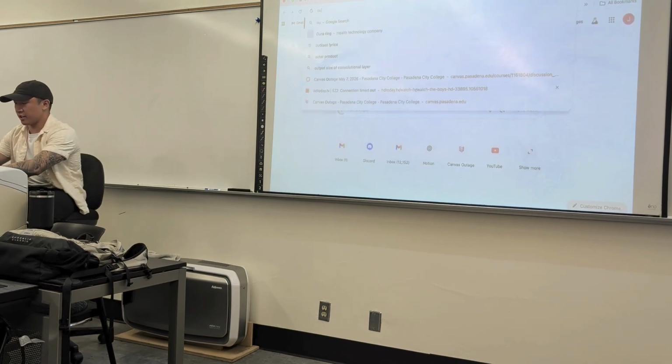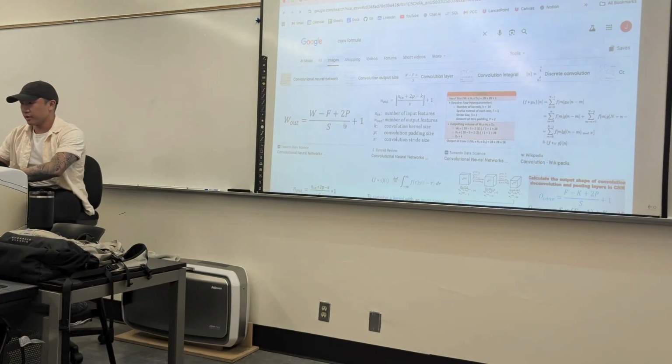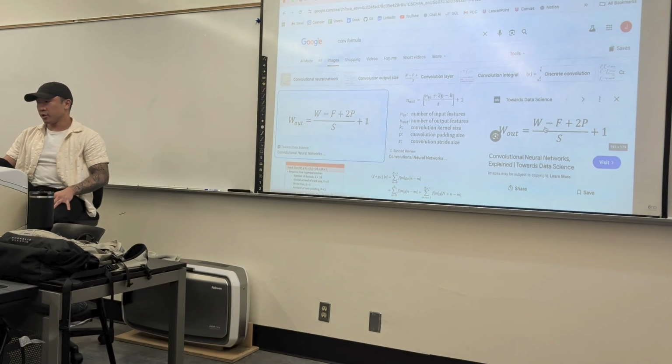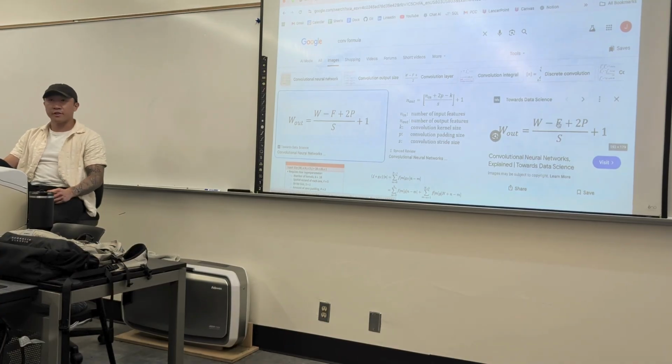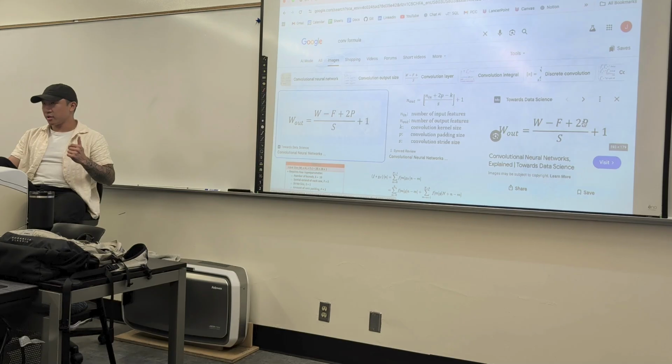Remember, this is the conv formula. W is the height or width, F is the kernel, so in our case it's 7. We need to find out this P, and our S is 1. What is our P, for this number to be the same as this number?